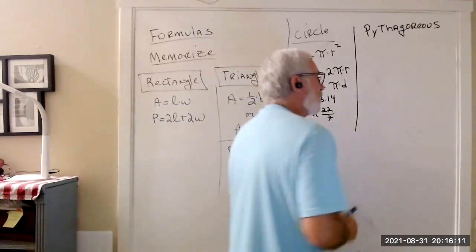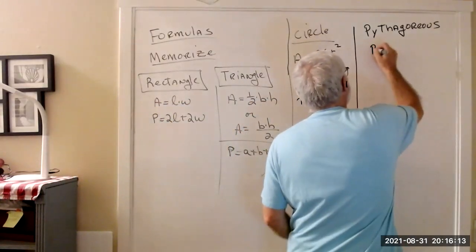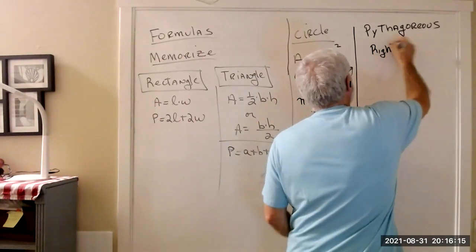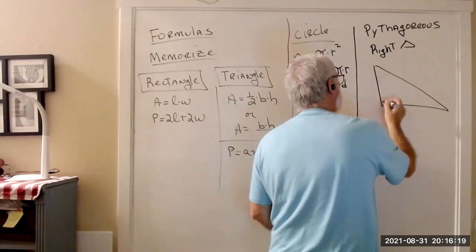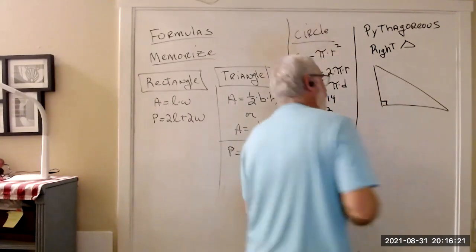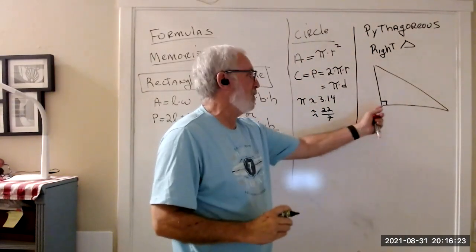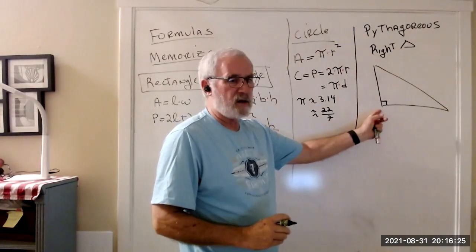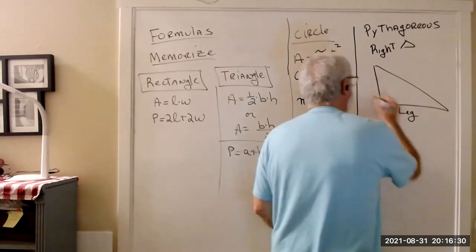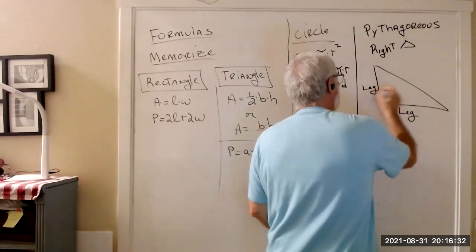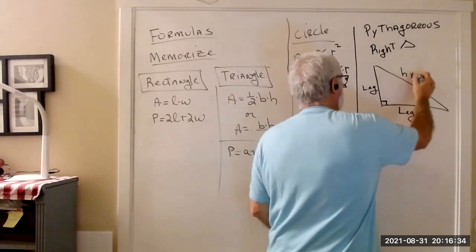But he figured out that for a right triangle, okay, so what the heck is a right triangle? A right triangle is a triangle with a right angle, a 90-degree angle in it, okay? And we call this a leg, and this a leg, and this is called the hypotenuse.